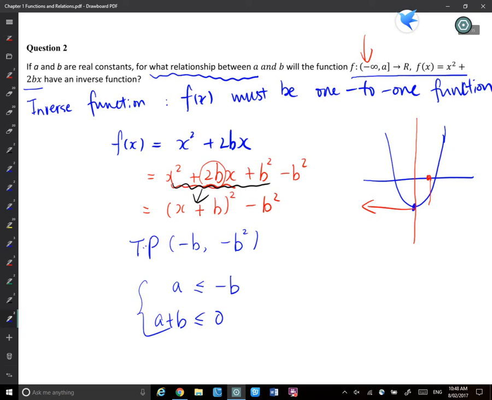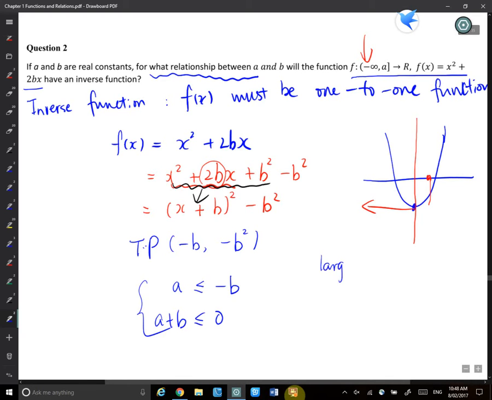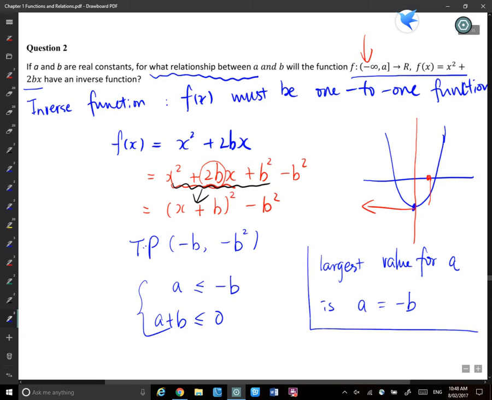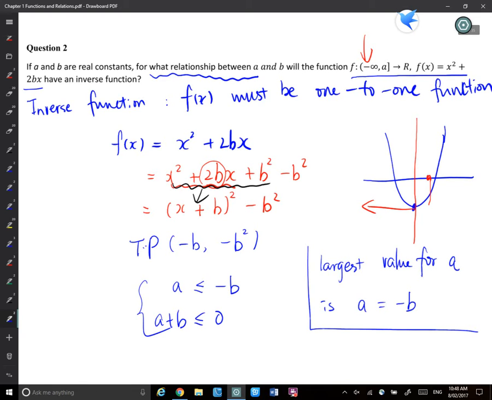If I'm asking what the largest value for a is, the largest value for a is a equals negative b. The largest point it can reach is the turning point. So if I'm asking about the largest value for a, a is at the turning point.